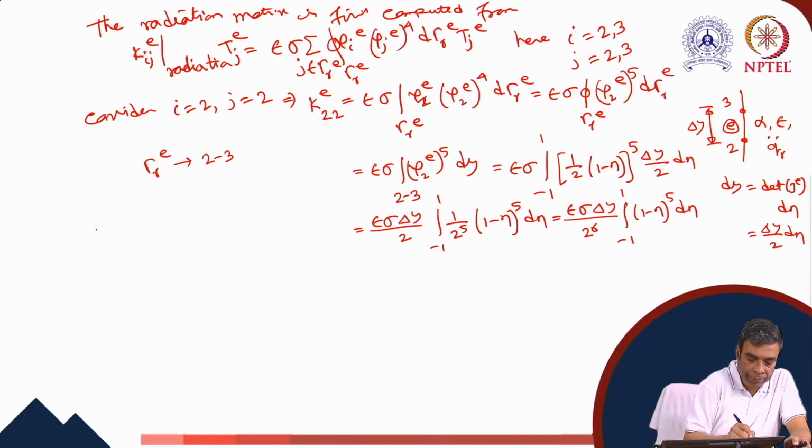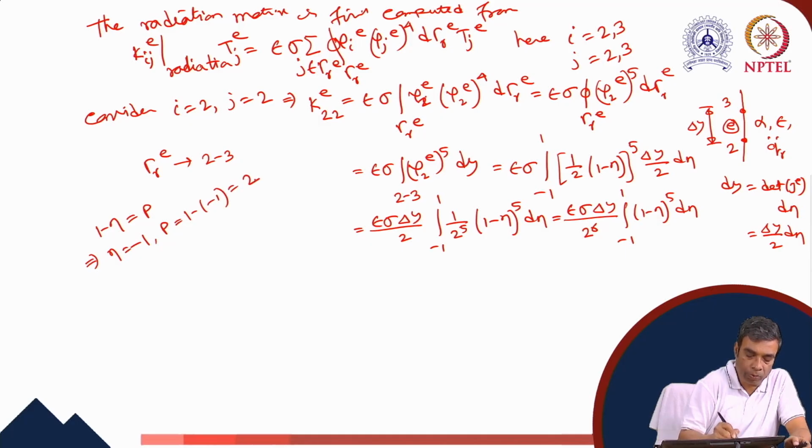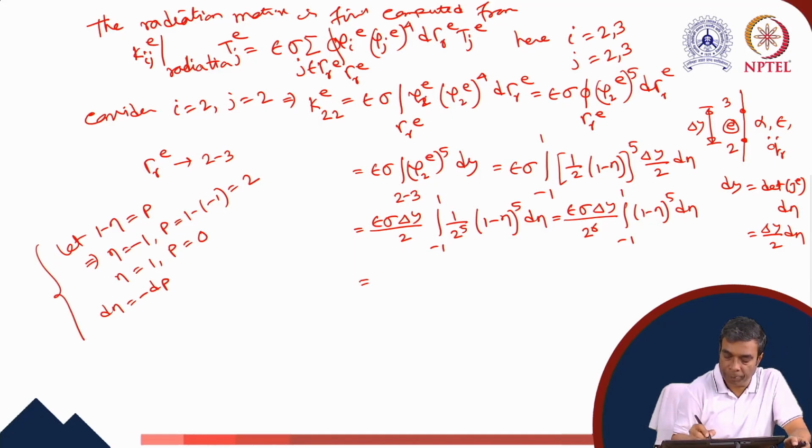Let us consider 1 minus eta equals p. This gives us, when eta equals minus 1, p equals 1 plus 1 equals 2, and when eta equals 1, p equals 0. So d eta equals minus dp. These we substitute here to perform the integration. This is epsilon sigma delta y by 64, as 2 to the power 6 is 64.